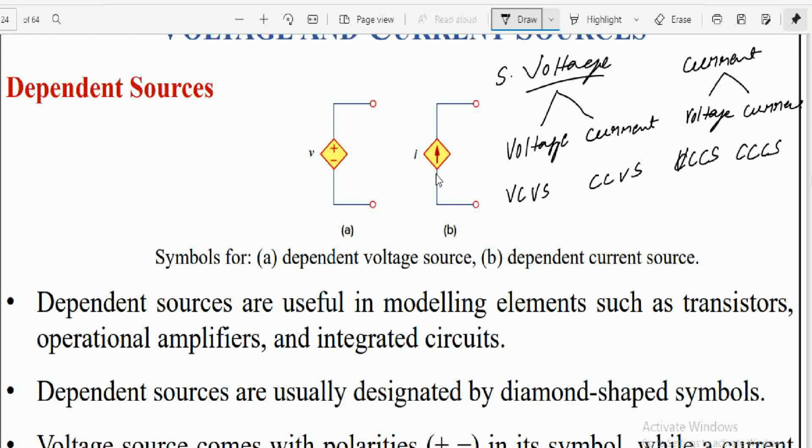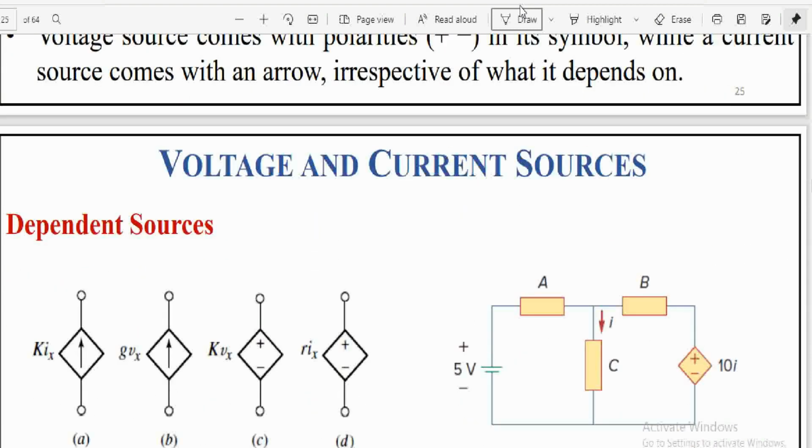Like this we have four types: voltage controlled voltage source, current controlled voltage source, voltage controlled current source, and current controlled current source. Already we have seen them with the alpha and beta values. In the basic classes we have seen what the voltage source and current source are. This is only a brief.